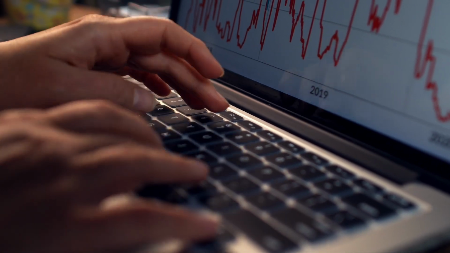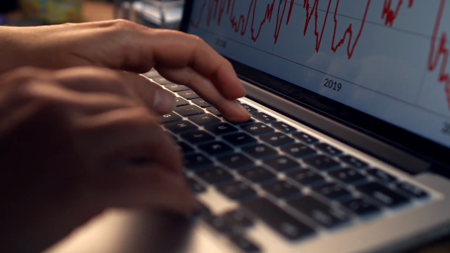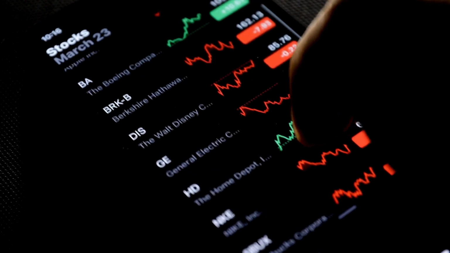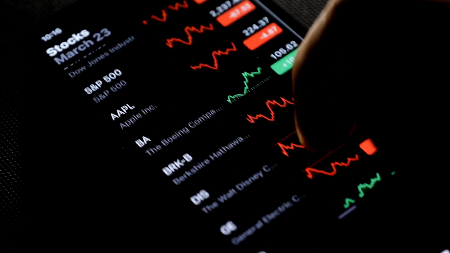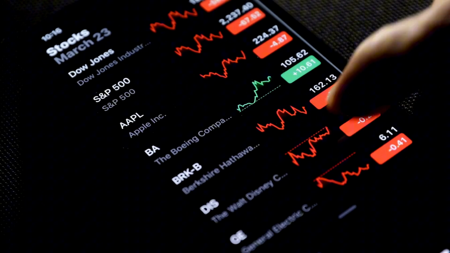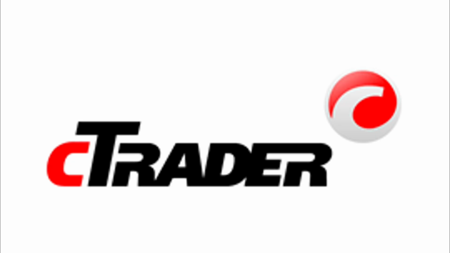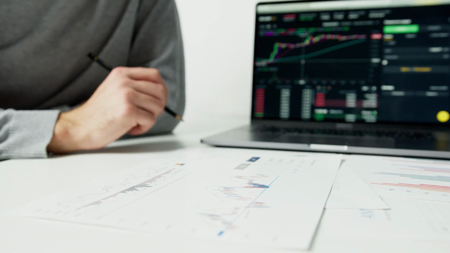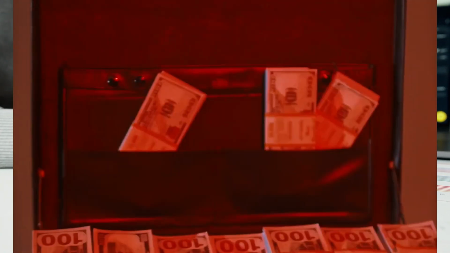MT5 or MT4 is where you're going to link your broker to trade with real money or your real account. So you have to get MT5 installed on your mobile phone or PC. You also have DXTrade or cTrader. They are all trading platforms for you to link your broker to them so you can trade live accounts.